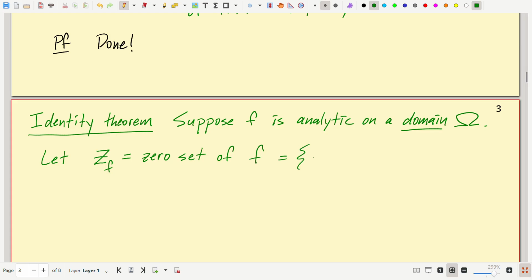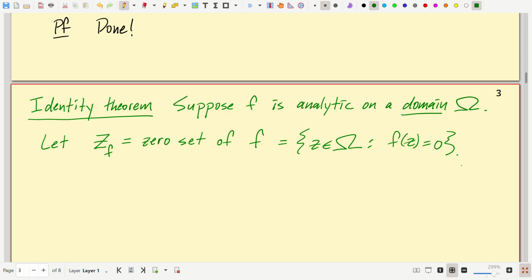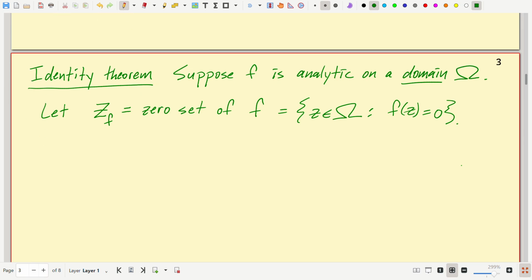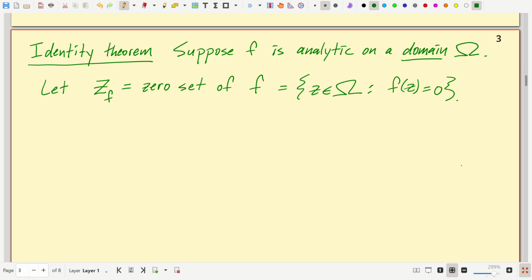That's equal to the z in omega such that f of z is equal to 0. Well, the fact is, if the zeros pile up someplace in omega, then f has to be identically 0. We kind of know that if it was the center of a disk. And knowing that for the center of a disk means we're going to know it in this more general setting.